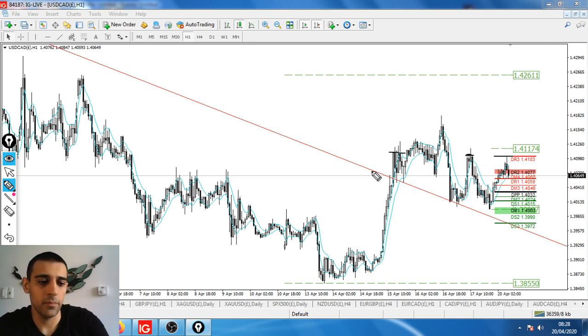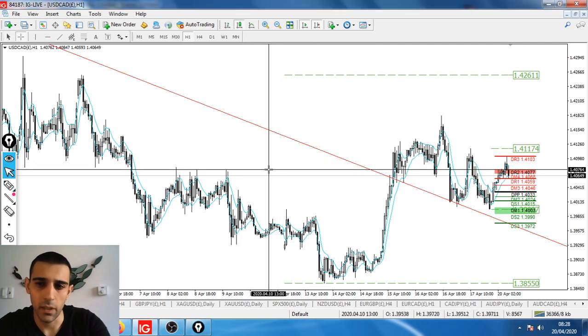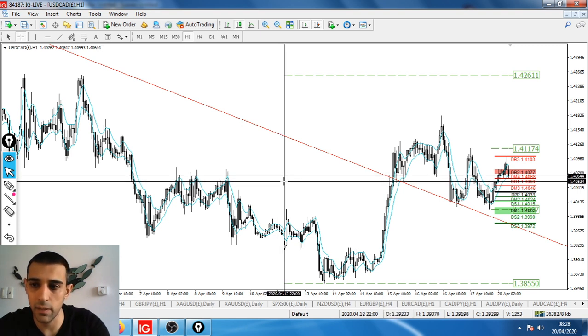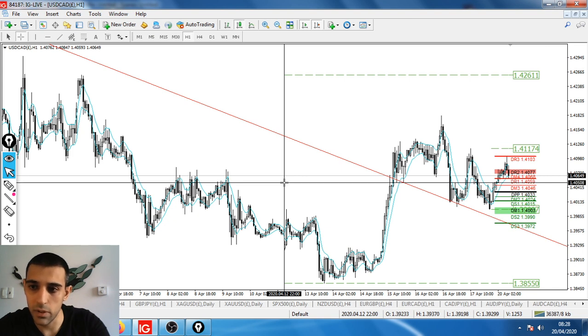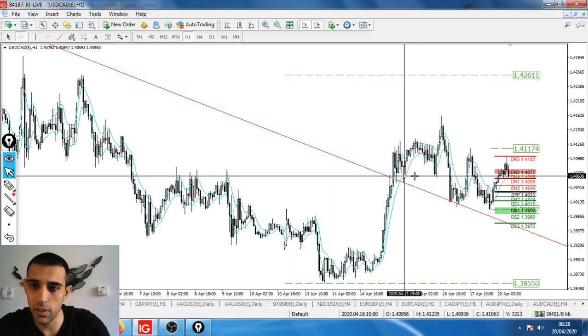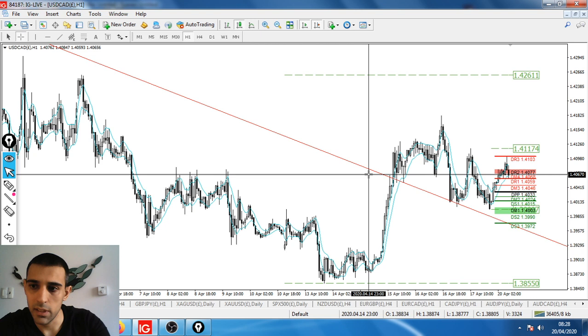So let's look at the entries and stop losses. Let's say the price came down to 140.55 at the very minimum, ideally 140.50, and then we're going to have a retracement towards this zone up here, and that zone is at roughly 140.67.